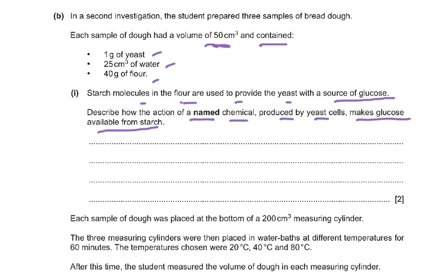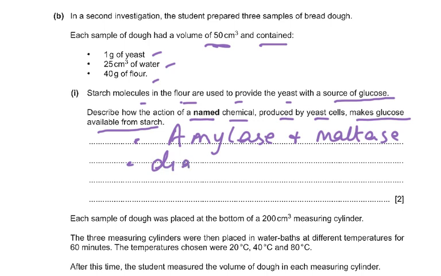Naturally, how is starch hydrolyzed, or how is starch digested? So we need the 2 enzymes amylase and maltase. Why? Because amylase converts the starch to maltose, and then we need the maltase to convert it to glucose. So we need 1 mark for that. And what does it do? It digests.